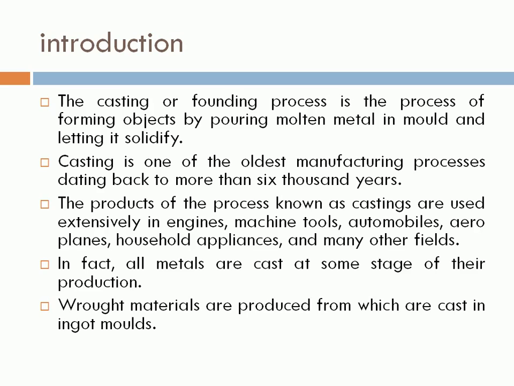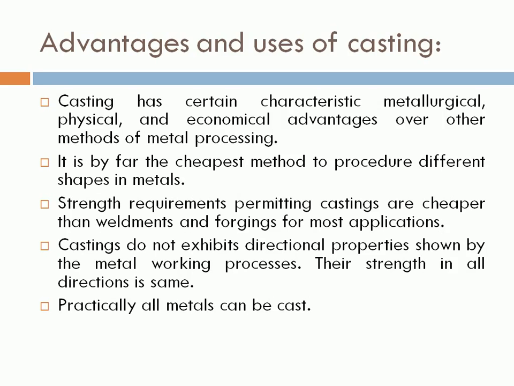In fact, all metals are at some stage of production cast in molds. Many of you are from diploma engineering, so I hope you have a basic idea of this casting process, and these are the advantages and uses of casting.